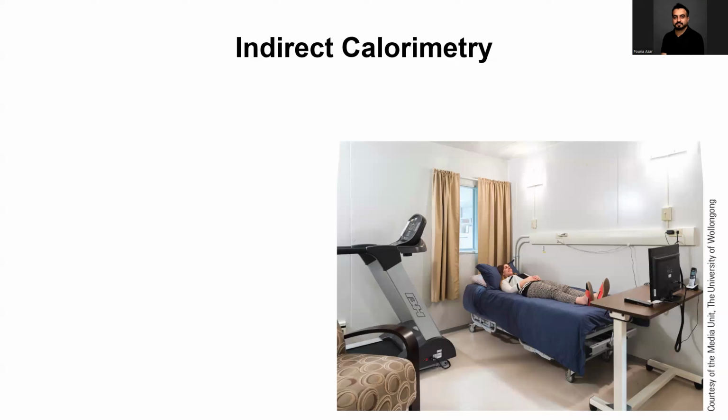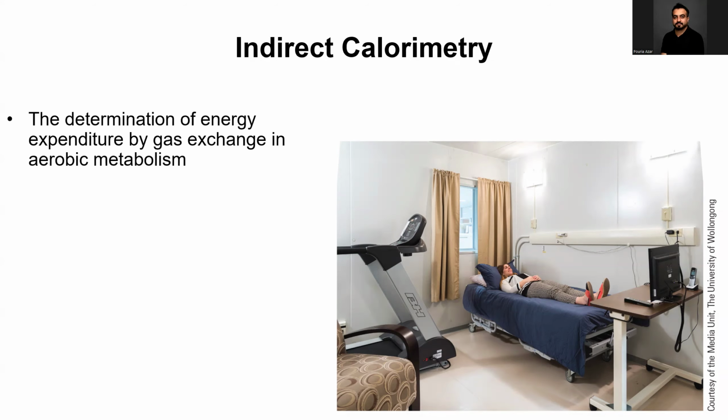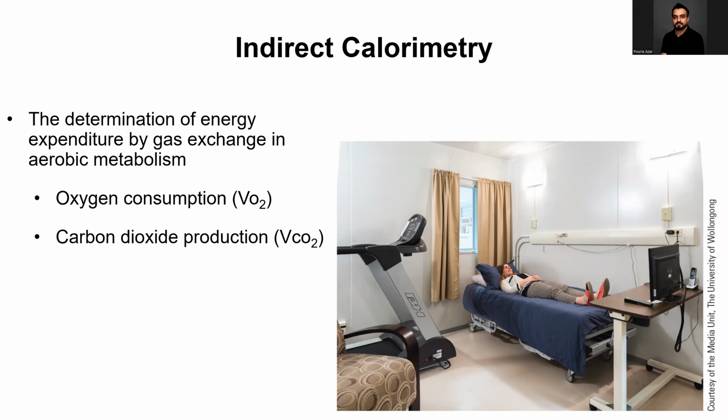And we have indirect calorimetry, just like with food, as I said. This is the determination of energy expenditure by gas exchange, oxygen consumption and carbon dioxide production in aerobic metabolism. So it is based on oxygen consumption and carbon dioxide production.